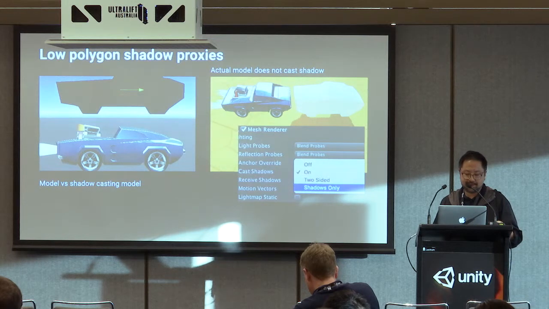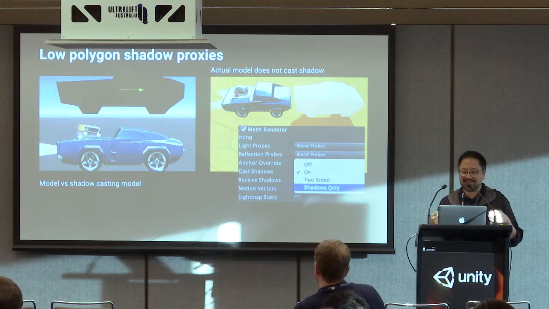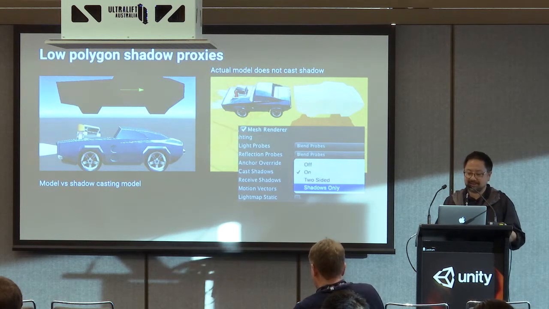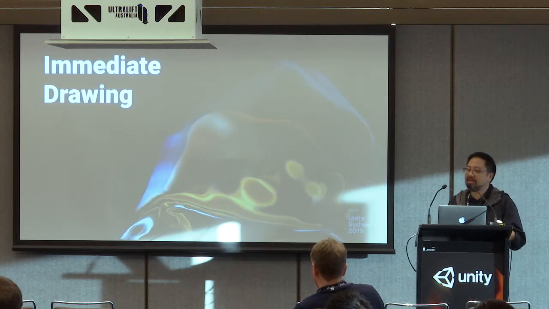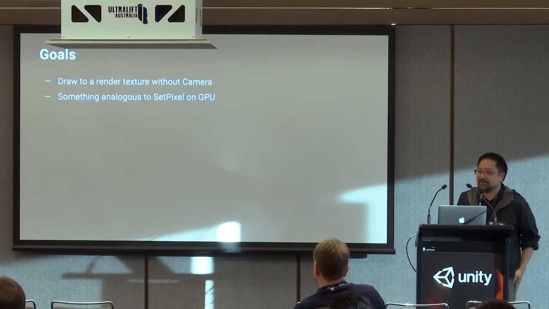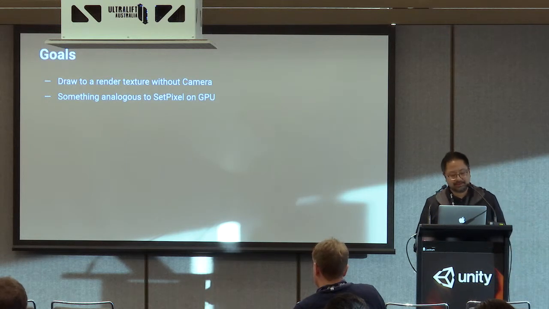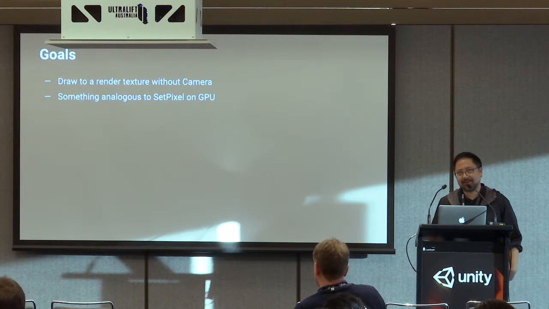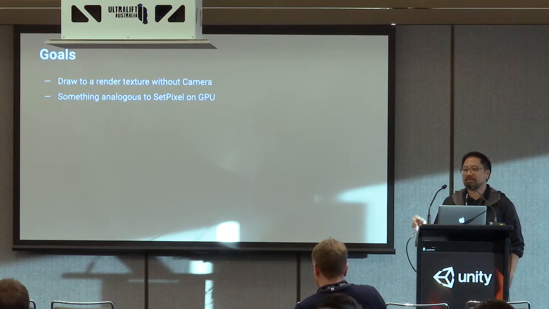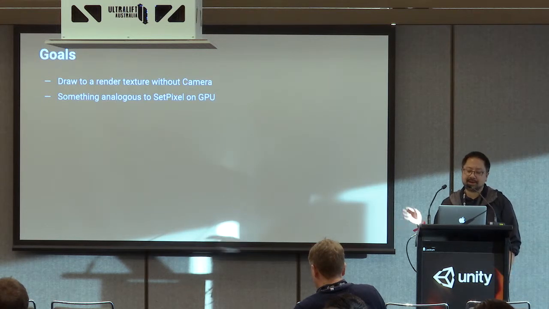So next, sorry, I know I'm rushing through everything because there's quite a lot of content, is immediate drawing. Immediate drawing is basically a way to render into a texture without a camera. Usually when you render an object, you have a camera, you add a render texture to that object, and you render what you want inside of that camera.